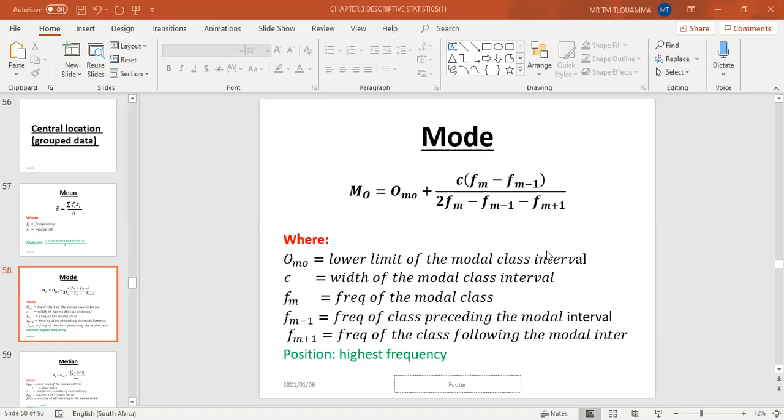If we see the highest frequency in our data set, that will be our mode, because the value which appears with the highest frequency appears most frequently. So that will be our mode, right?